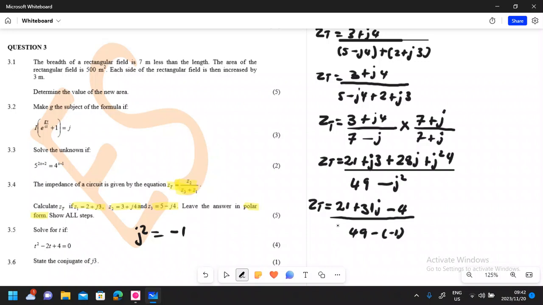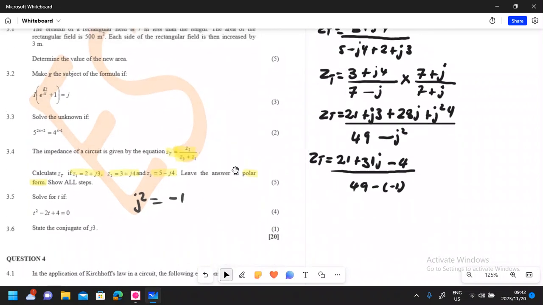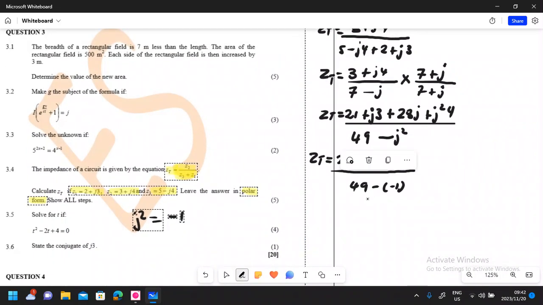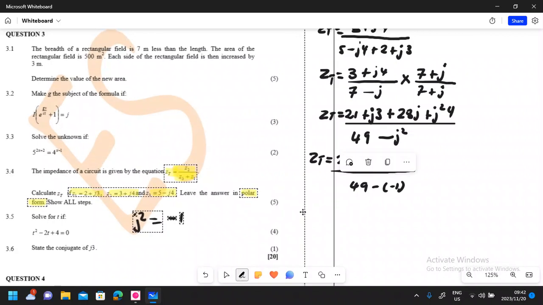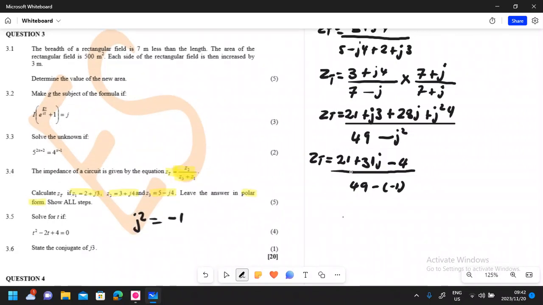So we can continue. Now let's look at our numerator. In our numerator, we have 21 and -4. Those are like terms. So what is 21 minus 4? 21 minus 4, if I'm not mistaken, is supposed to give us 17, right?